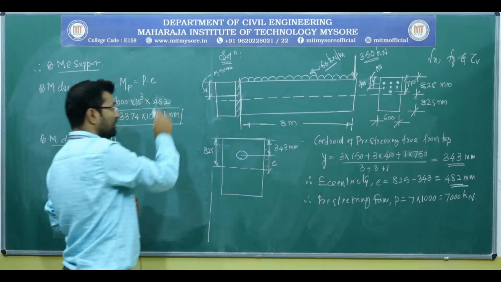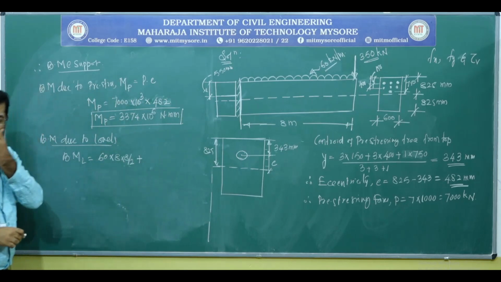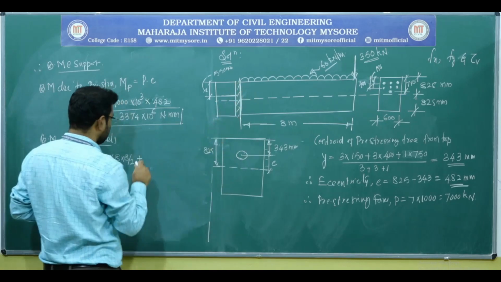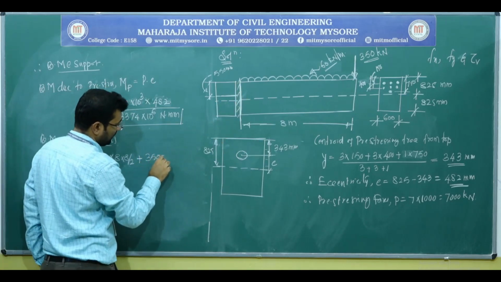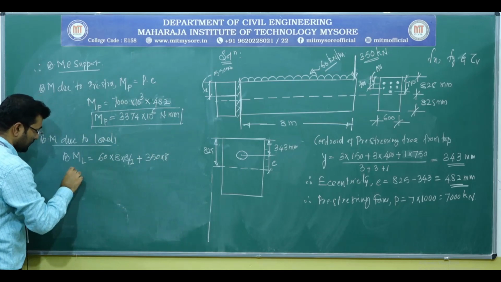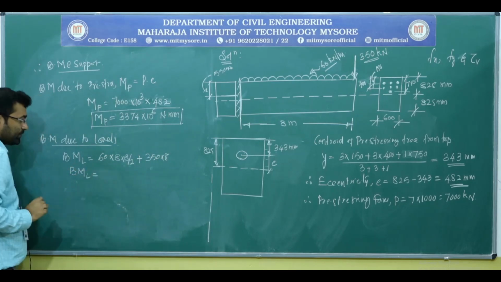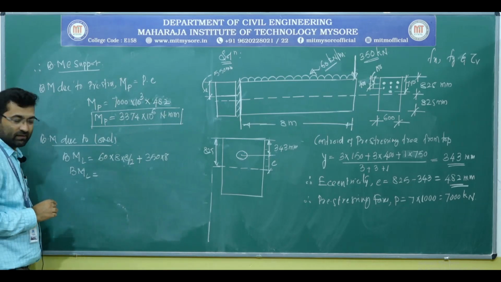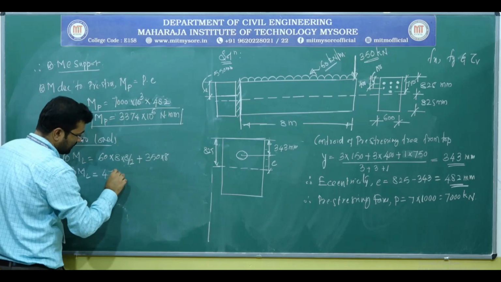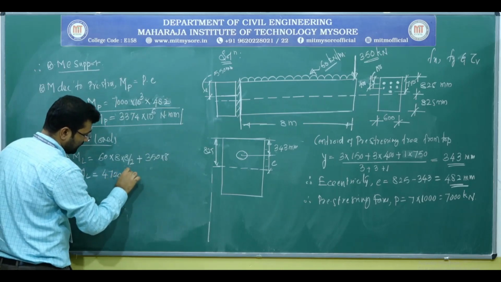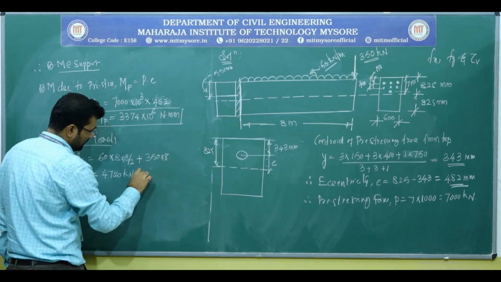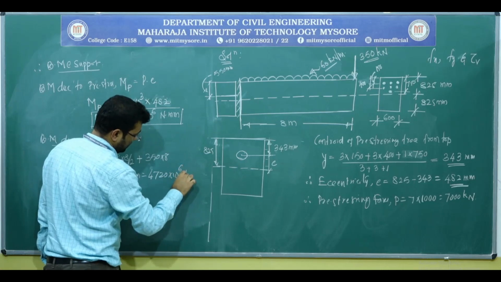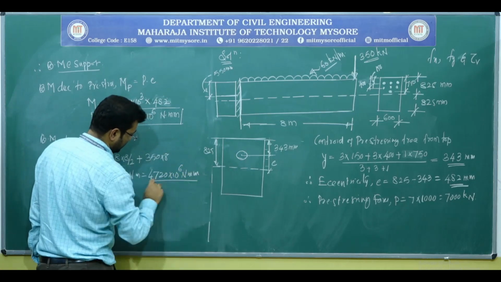This will create a moment which is about 350 into 8. This whole together creates a total bending moment of 4720 kilonewton meter, or 4720 into 10 to the power 6 Newton millimeter.